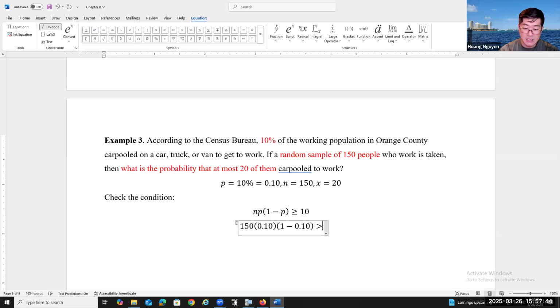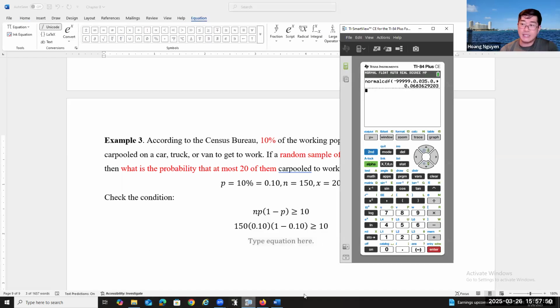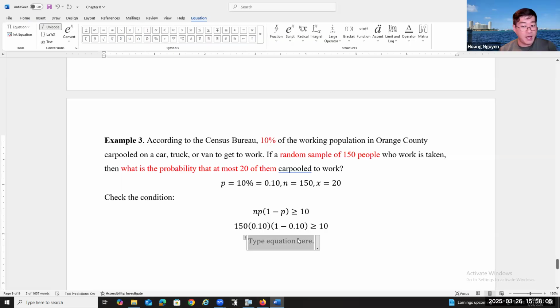You want to make sure that this calculation is more than or equal to 10. So 150 times 0.10 times parentheses 1 minus 0.10 gives 13.5. That's more than 10, so that's good. This is true.